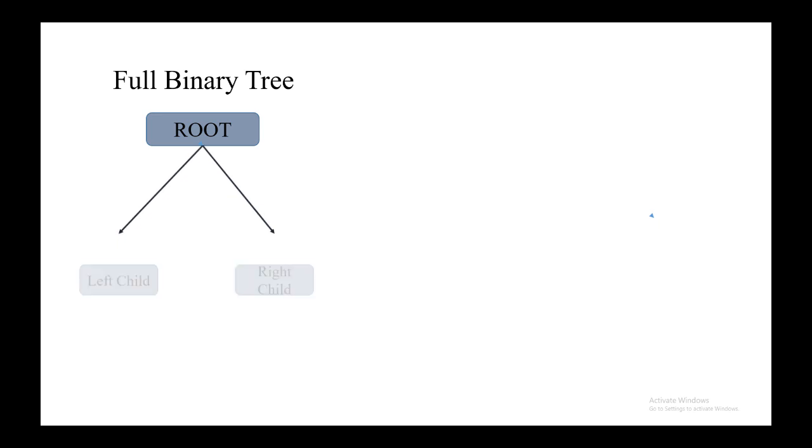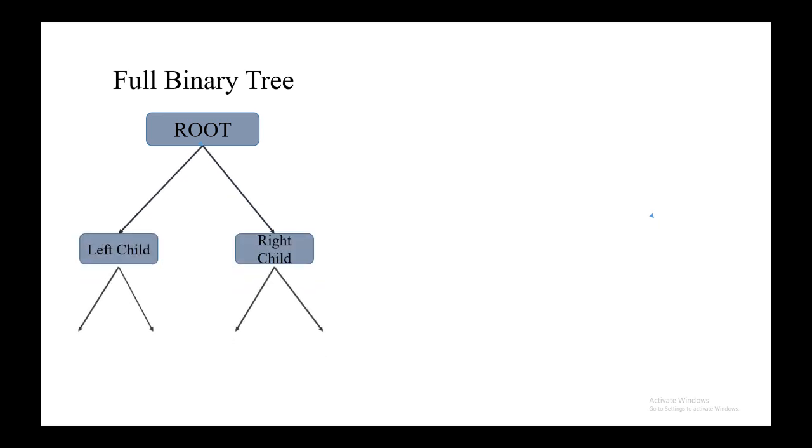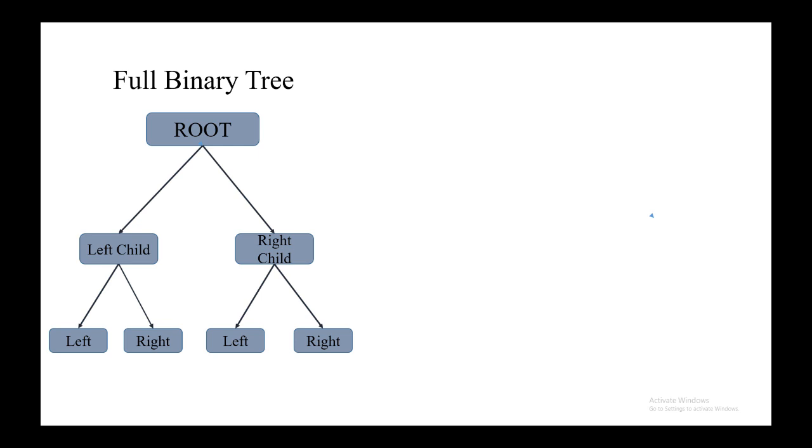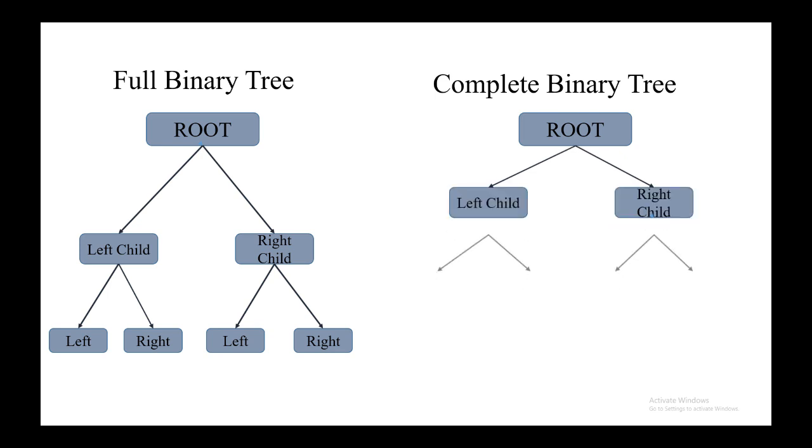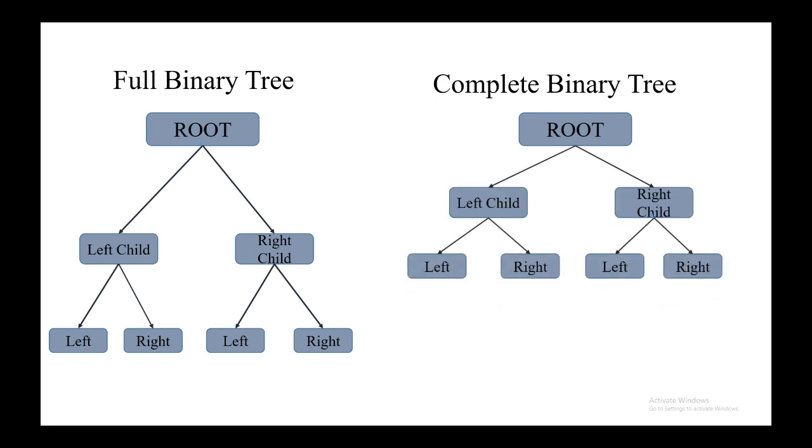The first one, the full binary tree, has either 0 or 2 children and not in between, as can be seen in the given structure. The second one is the complete binary tree. The first 3 levels in the complete binary tree are completely filled, while the fourth is not, as can be seen in the given structure.